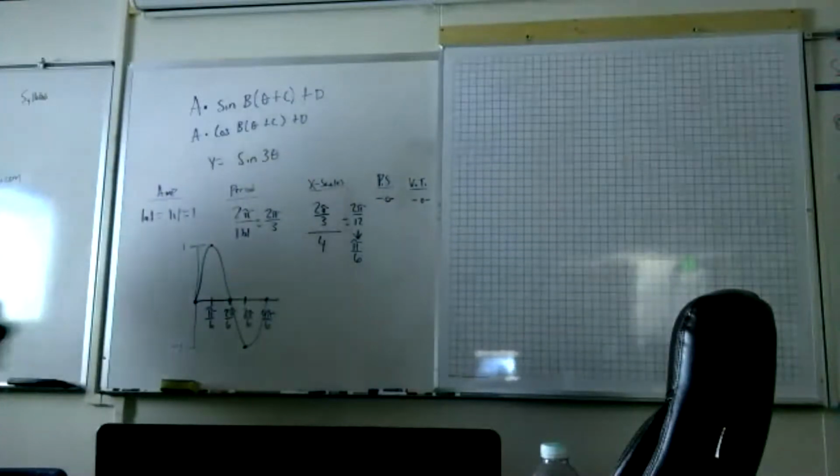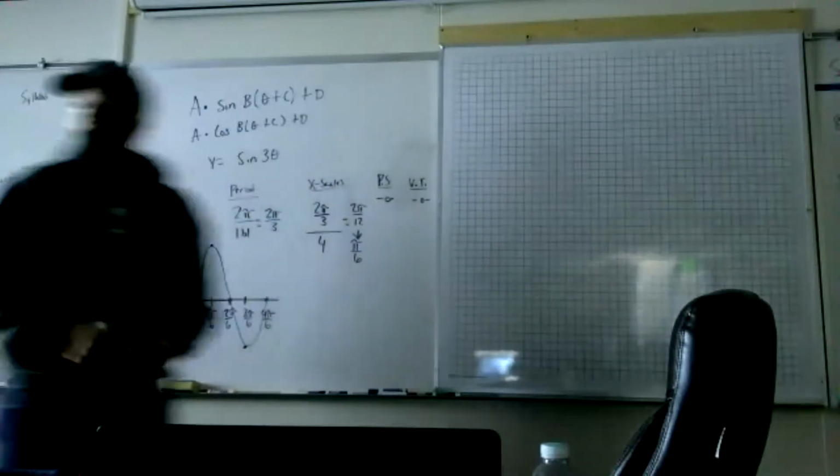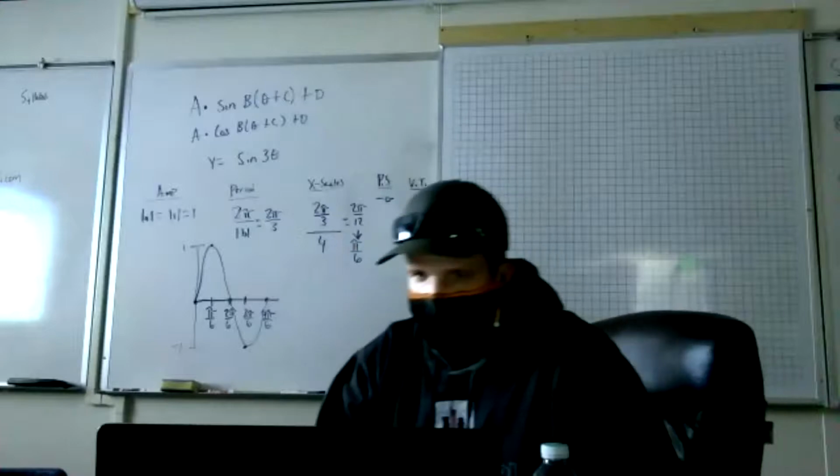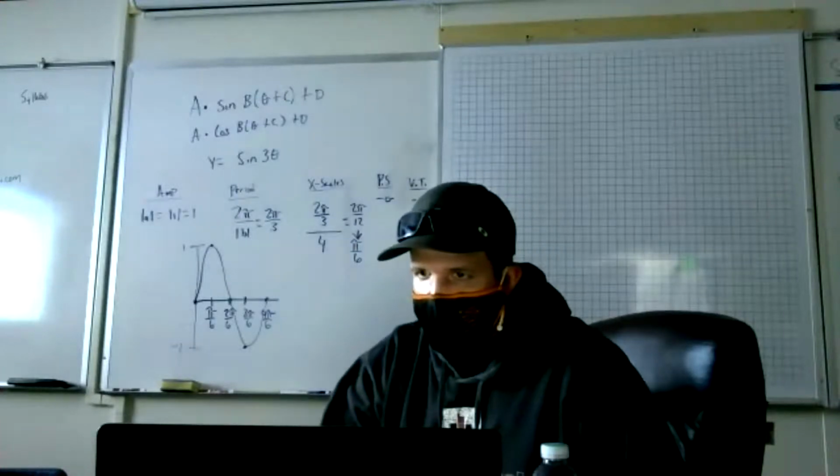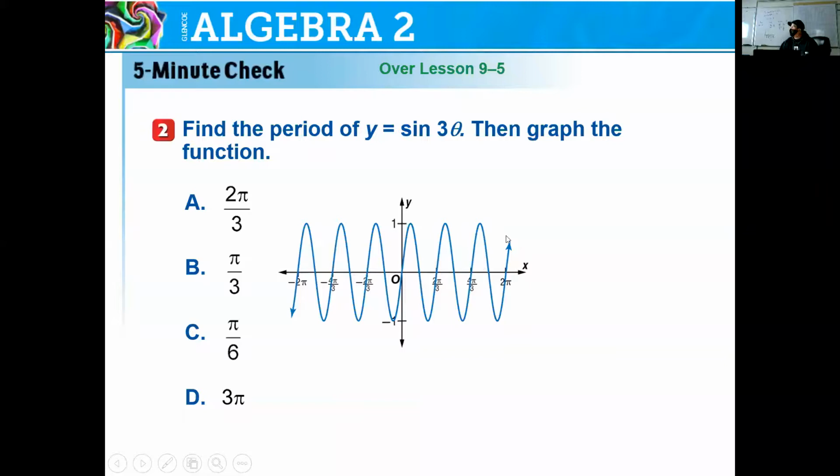It completes a full period in 2 pi over 3 radians. That was the question that they asked, because they asked us to find the period. So this one should go for letter A. It still fluctuates between 1 and -1 because our amplitude factor did not change.